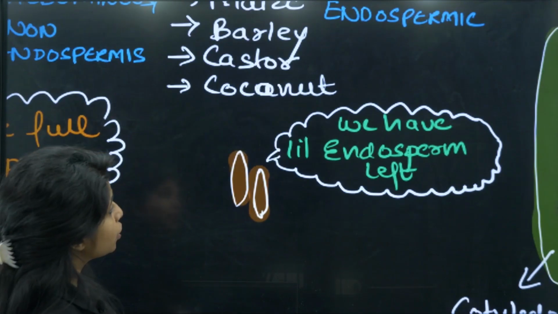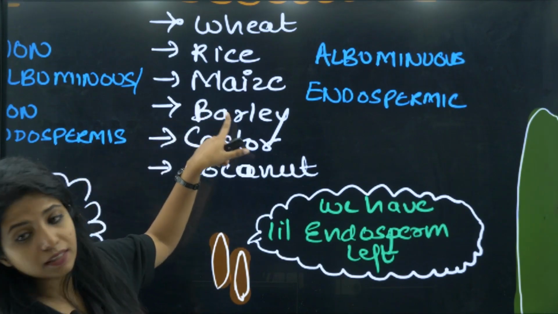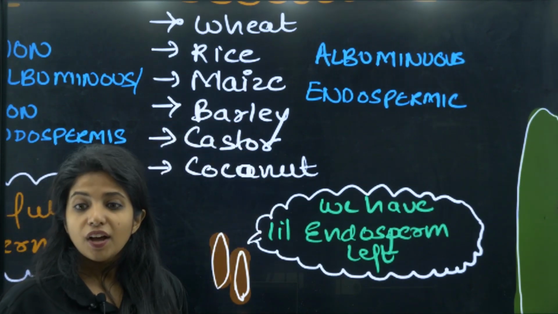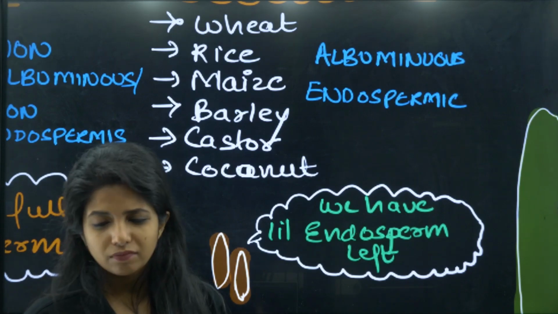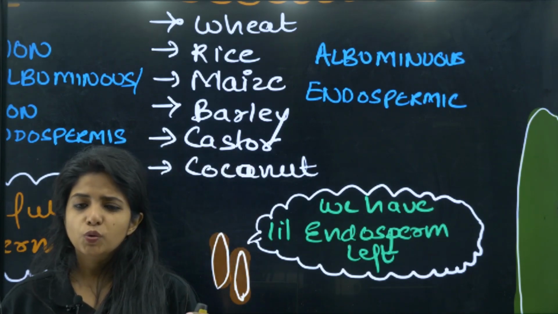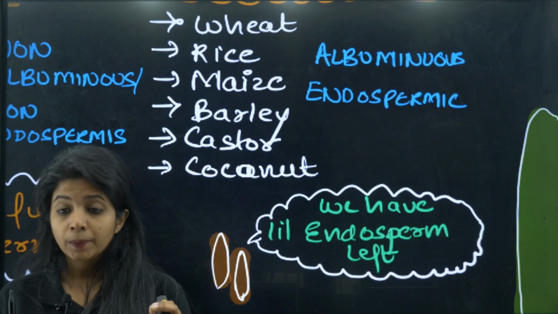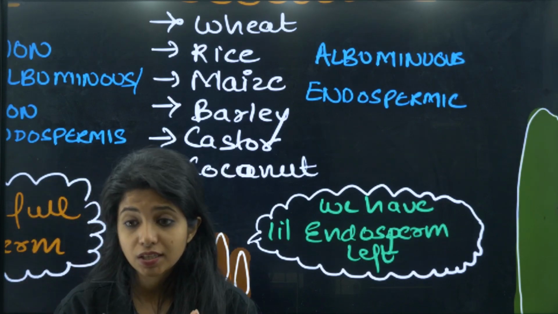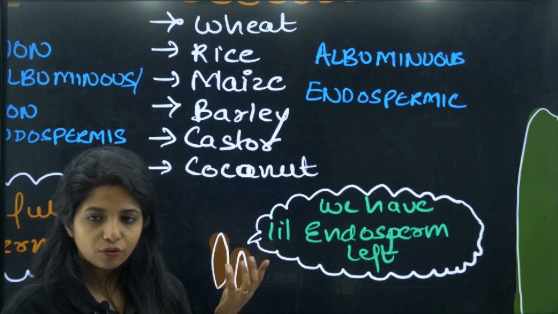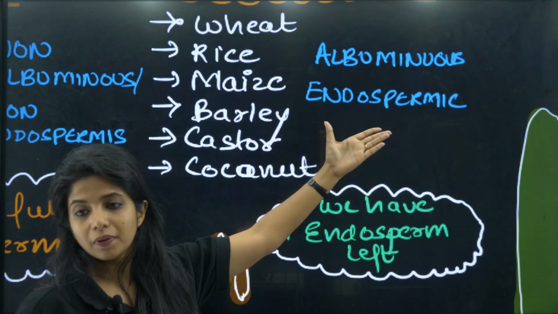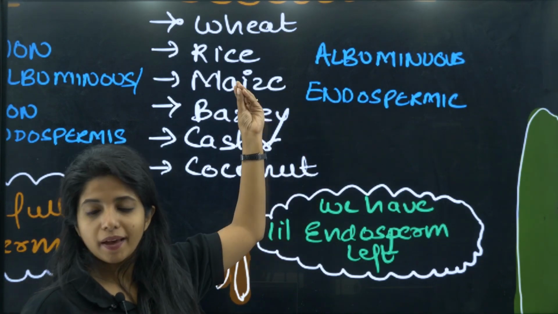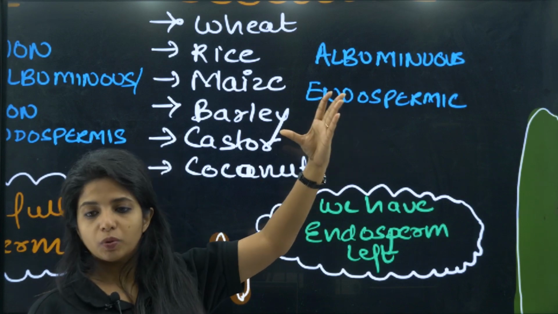But on the other hand, when you talk about monocots like wheat, maize, rice, barley and things like that, they say we have little endosperm left. We do not want to consume it completely. We don't need it as of now. So we have little endosperm still left. Now the seeds where the little endosperm is still left, you call them albuminous seeds or endospermic seeds.